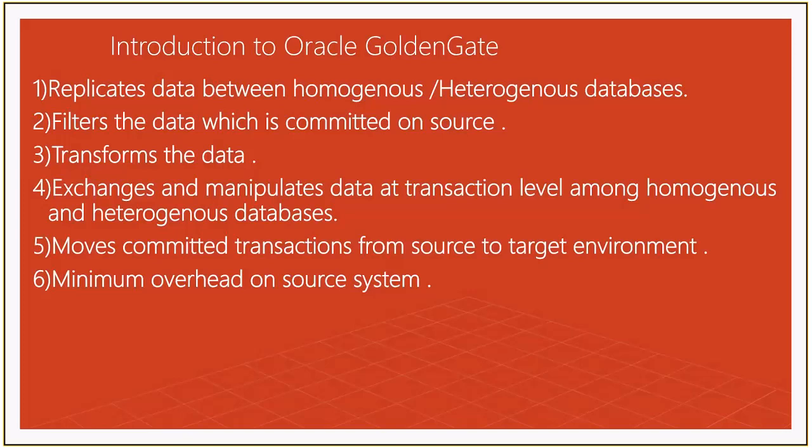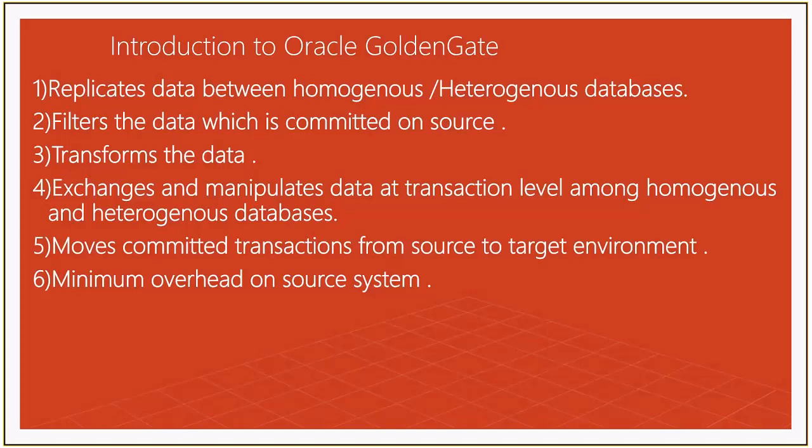You can replicate data from Oracle to Oracle, or from MySQL to Oracle, and there are several combinations available, including MS SQL. If you have to use some other software, it is very difficult because you need to convert the data types, and it is uncertain whether it is going to work or not.